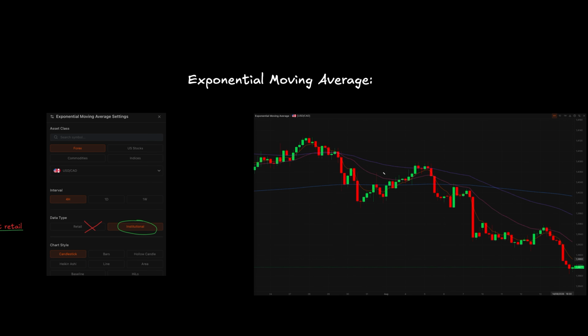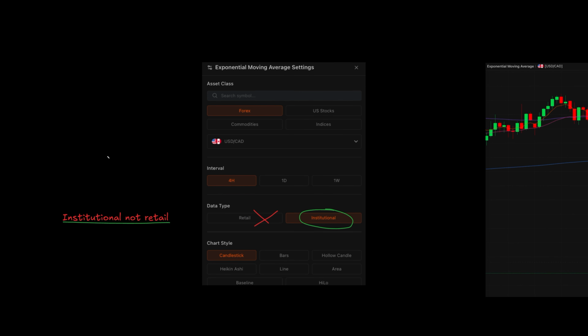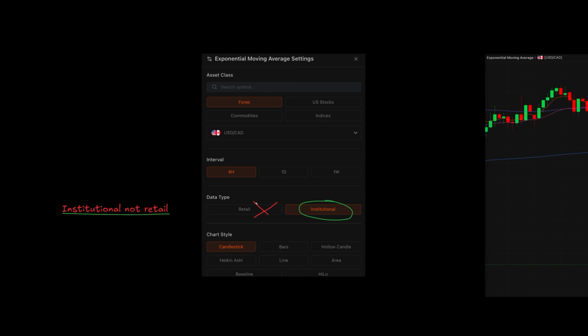Now we can also talk about the exponential moving average, what we call the EMA. But there is something important, because inside Prime Terminal again, we can select the different EMA. We don't want to choose the retail one. We don't really care about it. We want to select the institutional EMA, okay? This is really important.